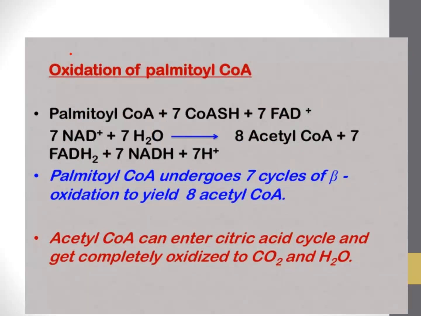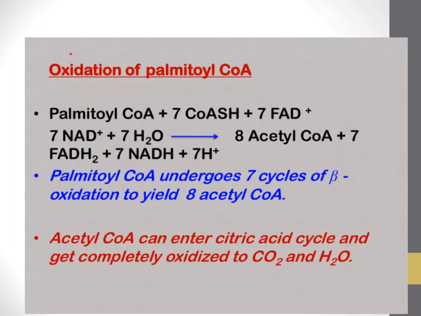So in this beta oxidation, we took palmitoyl-CoA as an example. So this is the final reaction. Palmitoyl-CoA in the presence of 7 coenzyme A-SH plus 7 FAD molecules, plus 7 NAD plus molecules and 7 water molecules gets oxidized to 8 acetyl-CoA, plus 7 FADH2 is generated, and 7 NADH plus 7 hydrogen ions get released.